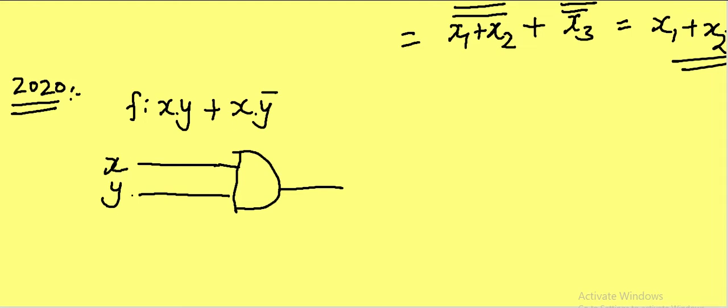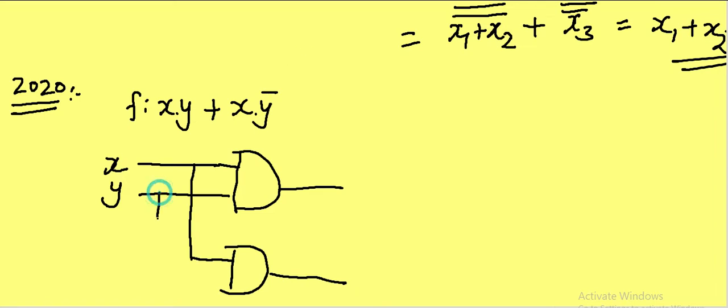Because we have already taken xy here, we don't need to use xy again. So we have to draw an AND gate, and then x we will directly feed to this AND gate, and then y complement.